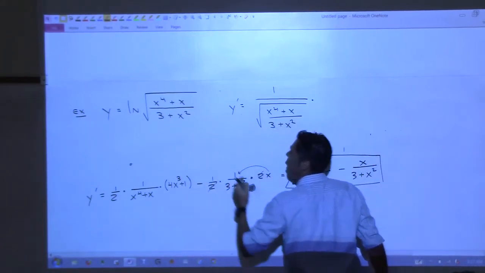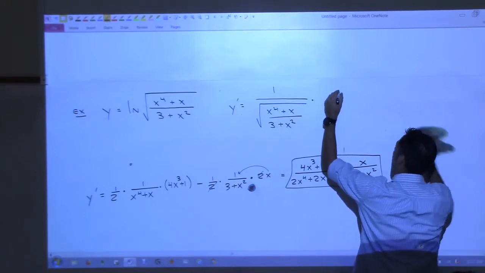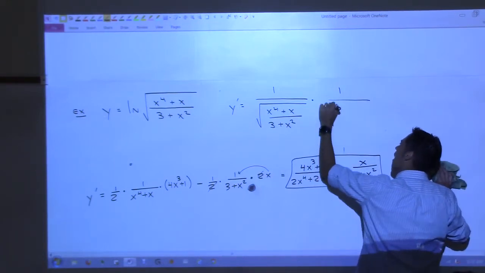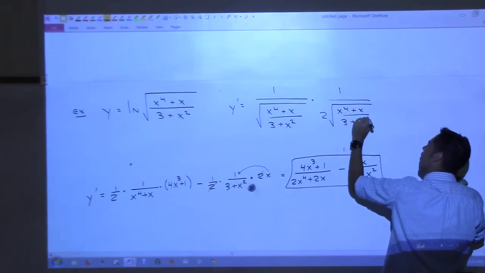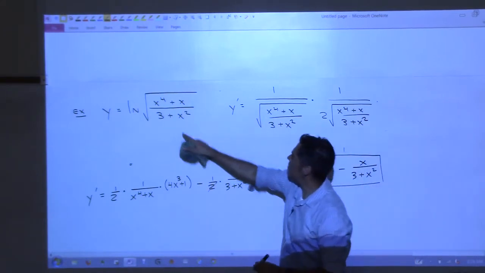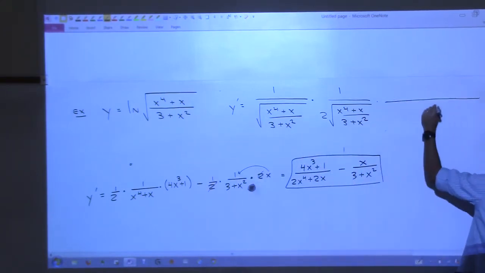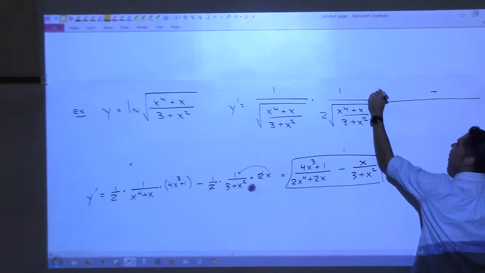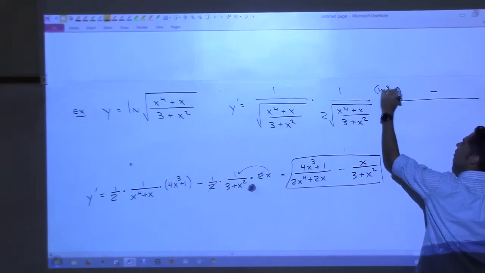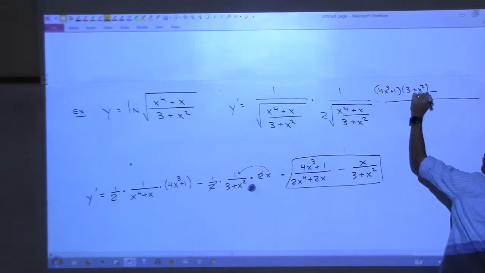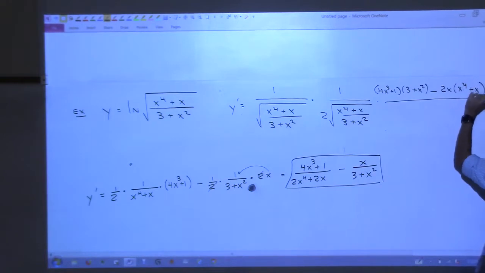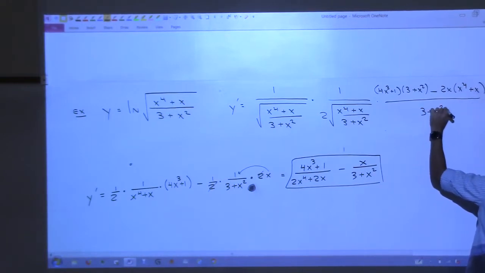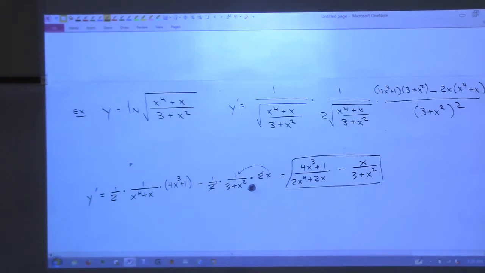And the derivative of a root is 1 over 2 times that root, times, now the derivative of what's inside, which would have been quotient rule. So it would have been 4x cubed plus 1 times 3 plus x squared, then minus 2x times x to the 4th plus x, and then all over the denominator squared. That's what the derivative would have looked like had we done just chain rule right off the bat.